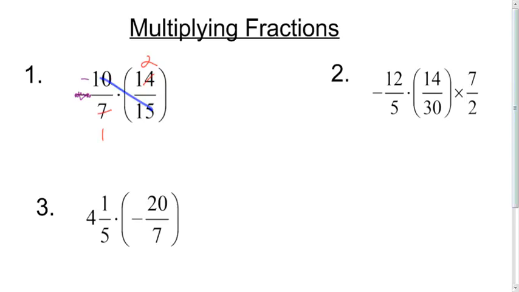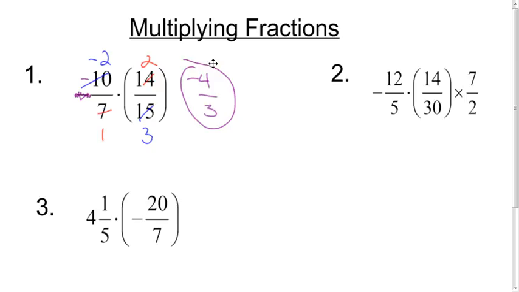Because my answer would be no. I ask what goes into 10 and 15, remembering that the 10 is negative, and that answer is 5. So here, dividing by 5, I would get -2, and dividing by 5 here, I would get 3. Now you're going to multiply straight across. -2 times 2 is going to give you -4. And then 1 times 3 is going to give you 3, for an answer of -4/3.